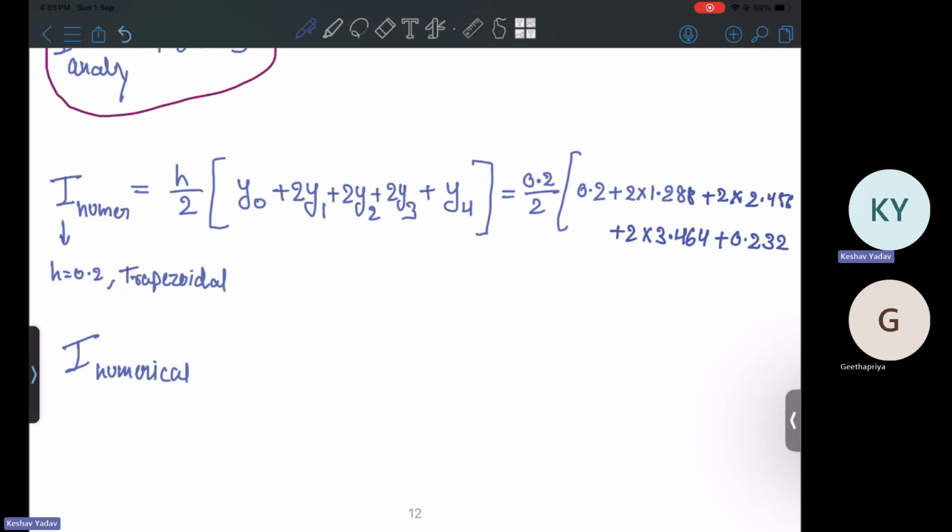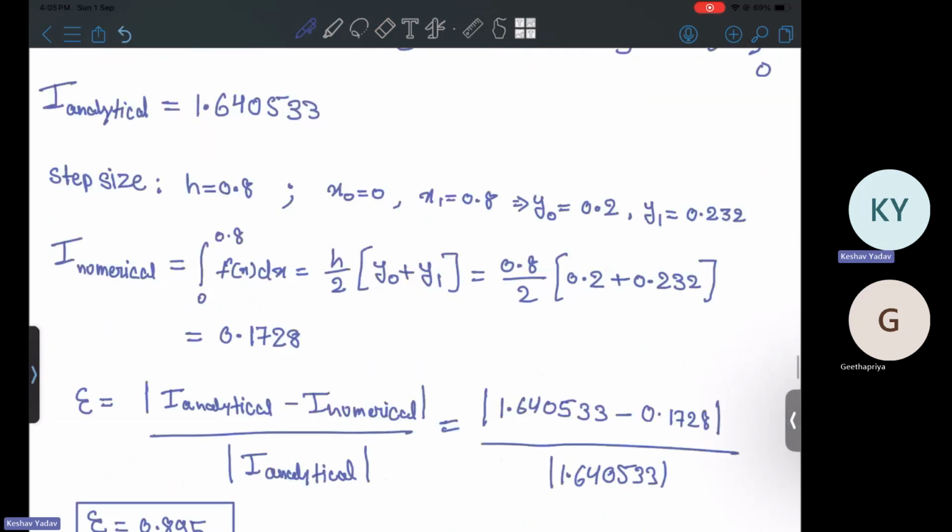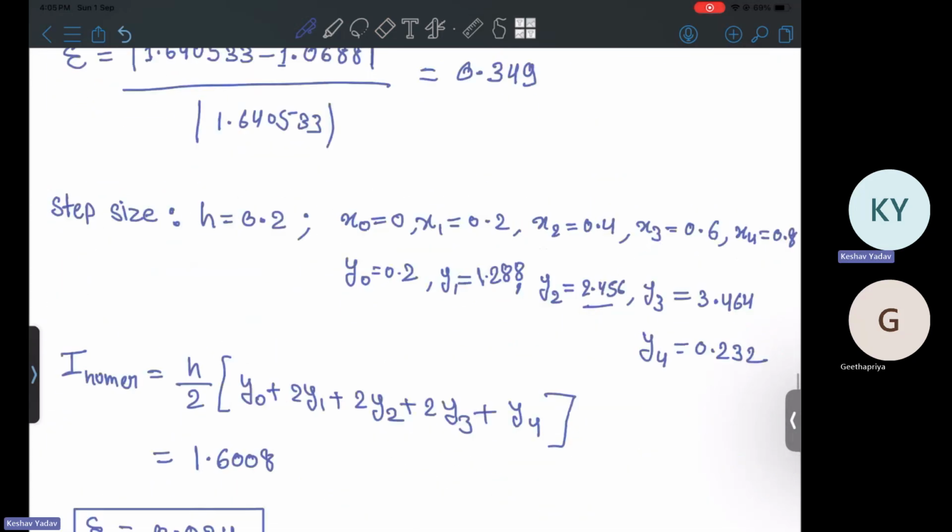If I divide it by 10, this is the value. Yes, you have got the right value, 1.4848. Okay, so let me check whether I have found the same value for that case.